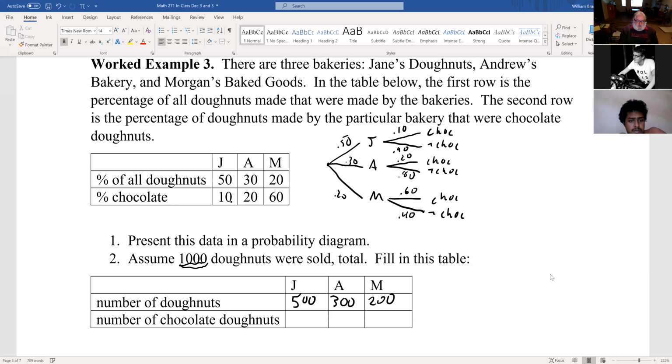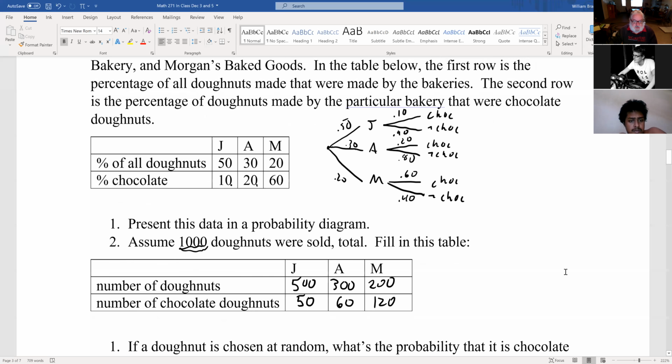Well, 10% of her donuts are chocolate, so she made 50. 20% of Andrew's are chocolate, so he made 60. 60% of Morgan's are chocolate, so 120. Morgan made more chocolate donuts than Jane and Andrew combined, even though Morgan made many fewer donuts total. So that's another way to think about how to present the data.